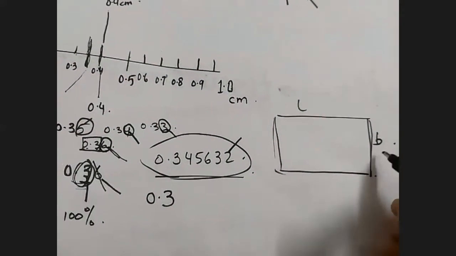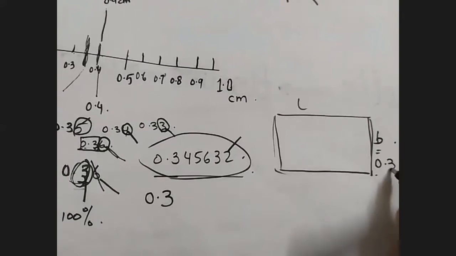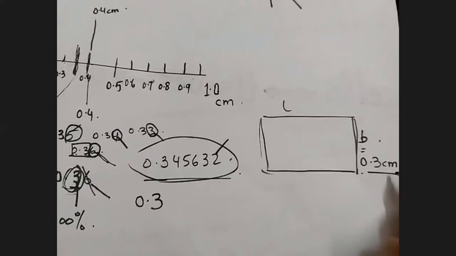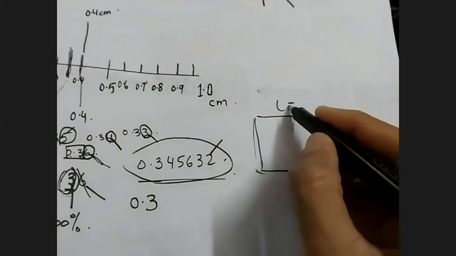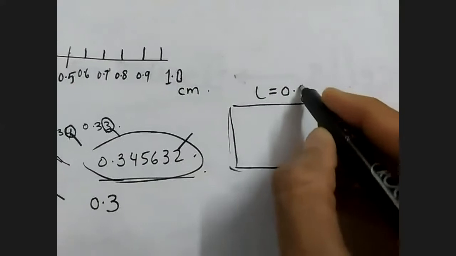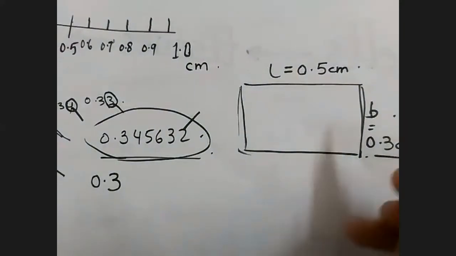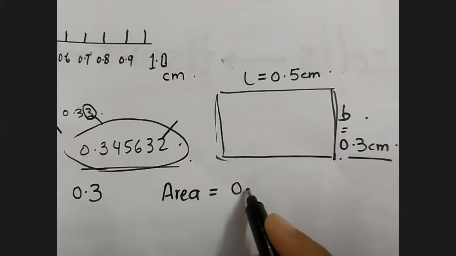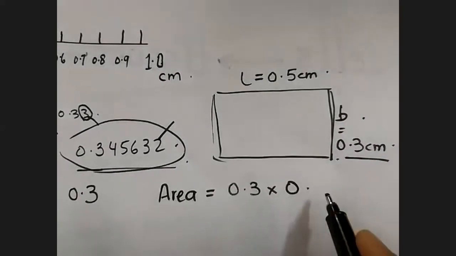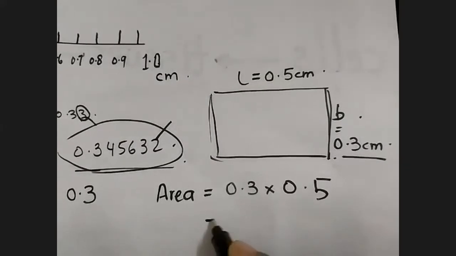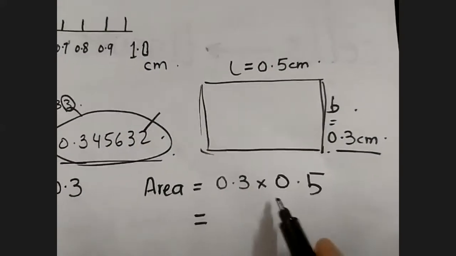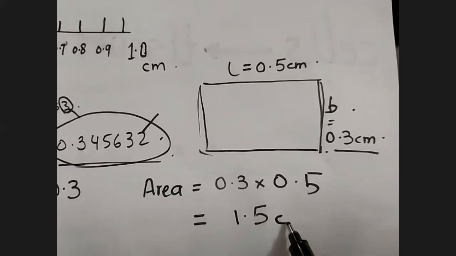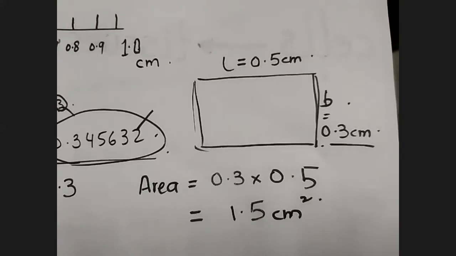Now, let's suppose the breadth is 0.3 centimeters, just an example, and the length is, let's suppose, 0.5 centimeters. Now, area would be 0.3 into 0.5, which is 1.5 centimeters square, right?